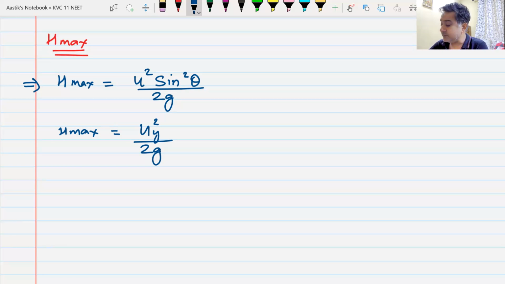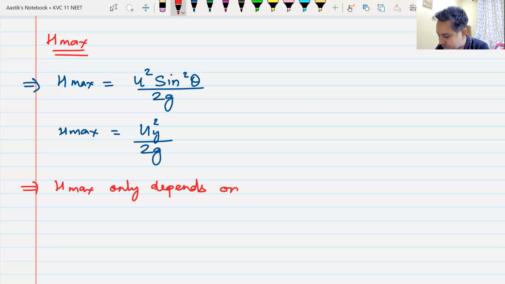Again, we see the important point. H max only depends on what? Maximum height only depends on uy, that means the vertical component of velocity. It does not depend on the horizontal component of velocity.